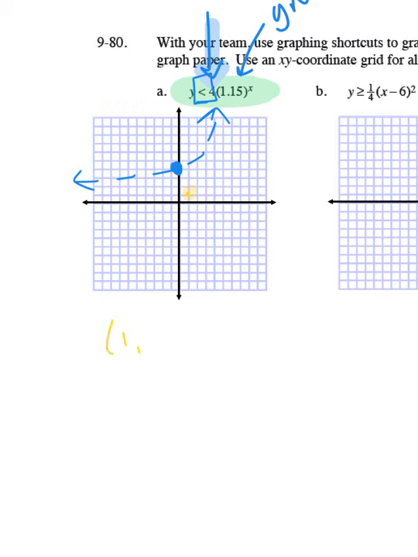So if we try 1, 1, is 1 less than 4 times 1.15 to the 1 power? And if we do 4 times 1.15, that's a number that's bigger than 1, so yes, that's true. So the shading should be all coordinates on this lower, kind of outside of the exponential growth, would be coordinates that are true and work in this inequality.